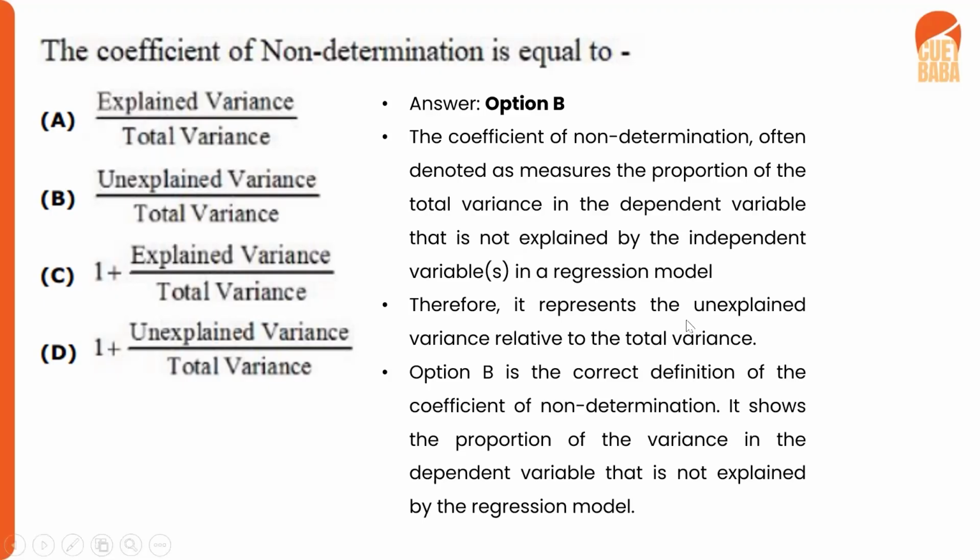It shows the unexplained variance relative to the total variance, and it shows the proportion of the variance in the dependent variable that is not explained by the regression model. So when we understand the coefficient of non-determination, we can say that it's the unexplained variance by the total variance, and that is given only in option B. So B is the correct answer over here.